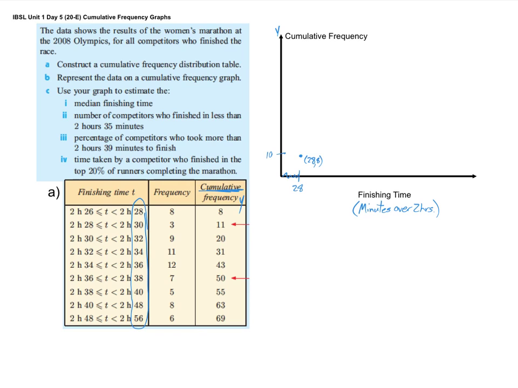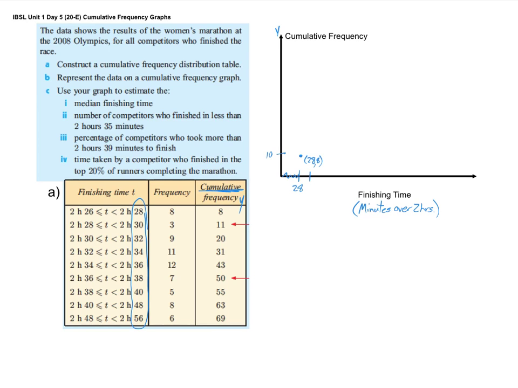You don't always have to label all these points. I'm going to, because we don't have a real good grid here to work with. If I ever ask you to do this, I will give you a very detailed grid that you can work with. So there's 28. The next x value that we have will be 30.